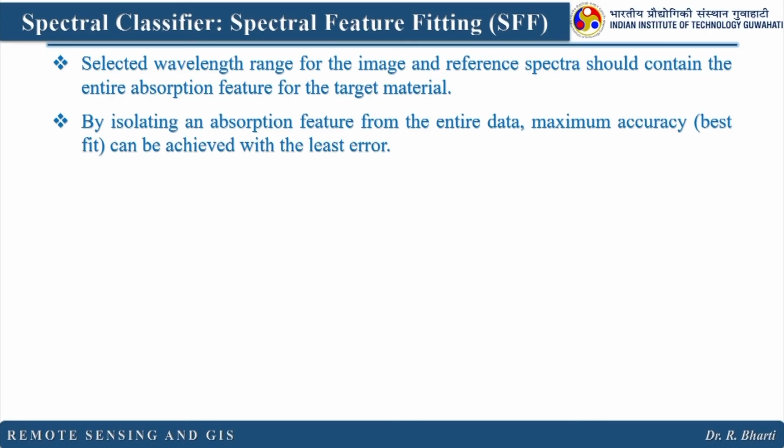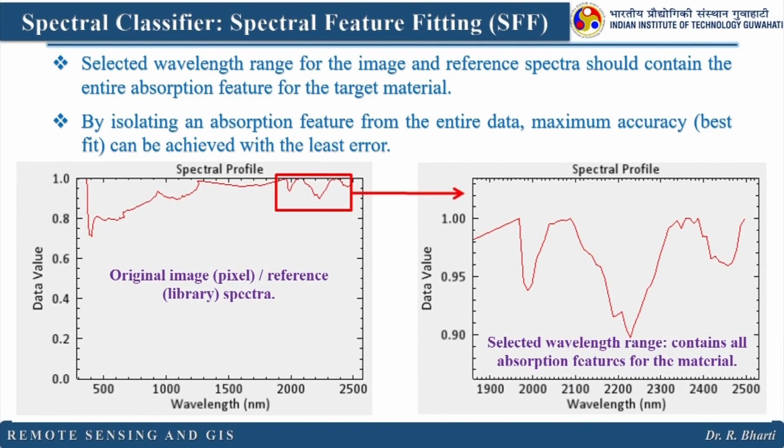By isolating an absorption feature from the entire data, maximum accuracy or the best fit can be achieved with the least error. So if I want to study only this portion, why should I keep all this other part? Because when I keep it, we have to analyze it and the algorithm will run for that also. So to better identify, we will just use this spectral range from the image as well as from the end member or spectral library.